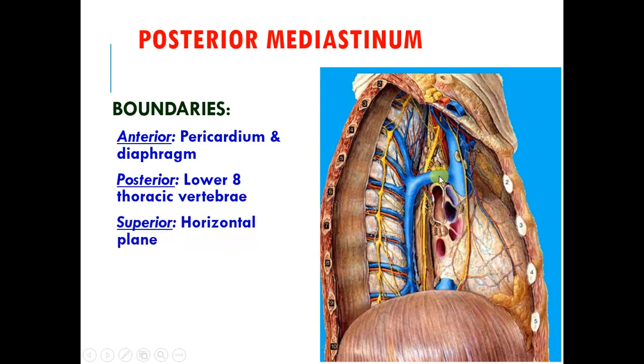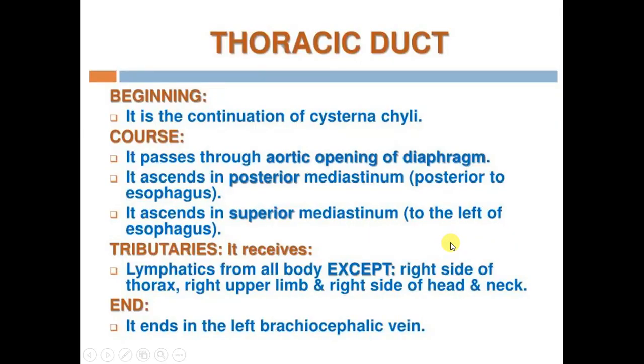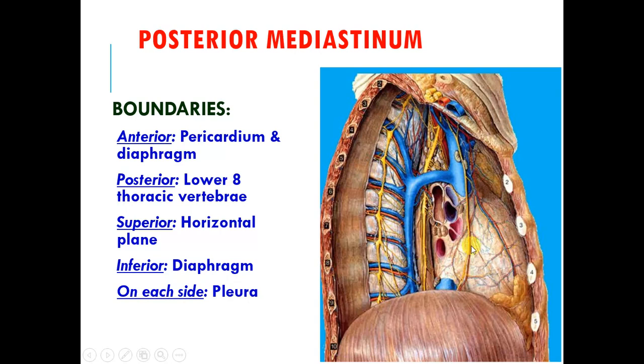Superior is the horizontal plane. Inferior is the diaphragm. On each side will be the pleura of the lungs. So that is the boundary of the posterior mediastinum.